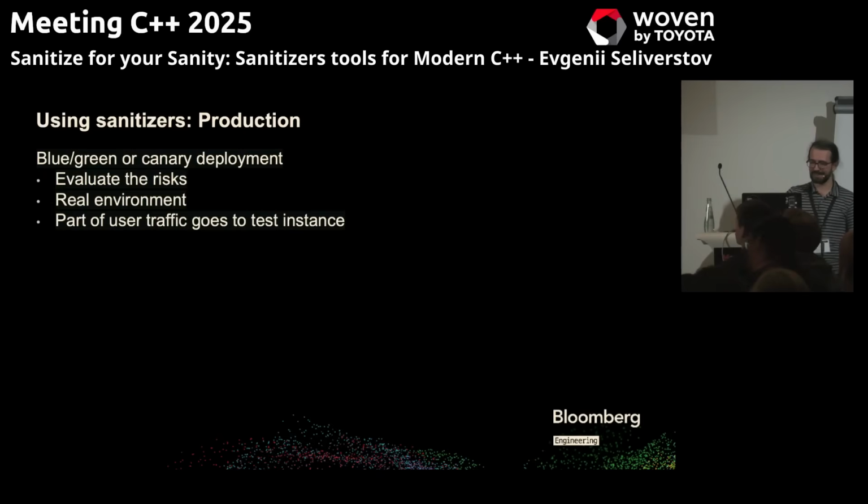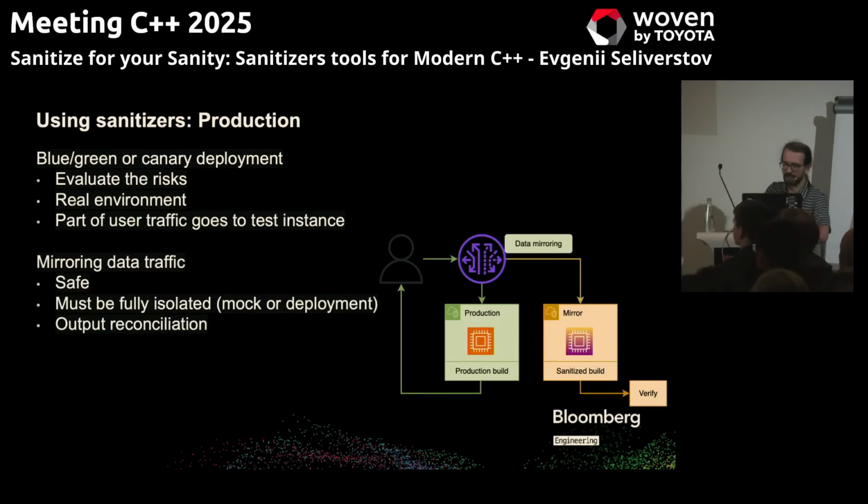So where to place it if you want to run it as a part of a production system? It could be a canary deployment or a blue-green deployment, when it's totally good to push some traffic to a test instance. Then there is the idea of mirroring traffic. Imagine you have all your systems, including dependencies, really isolated. It could be a mock deployment, mock service or mock data source.